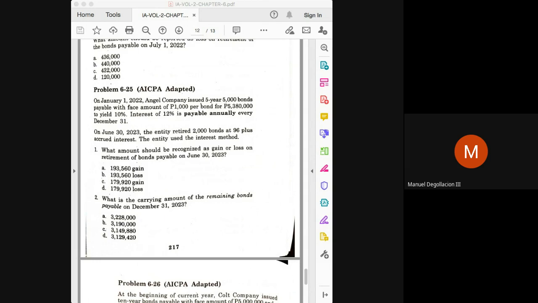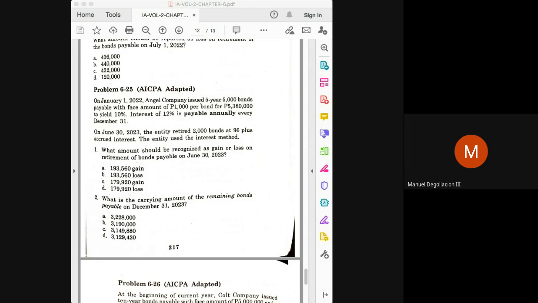We know that by June 30, 2,000 out of the 5,000 bonds will be retired. So essentially, that's 40%, while the 60% will continue. So what I want us to do is to split the 5,318,000 between the 2,000 that will be retired and the 3,000 that will not be retired.